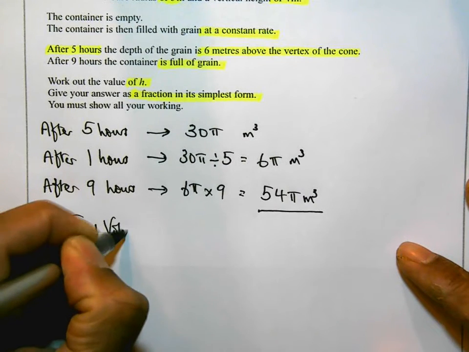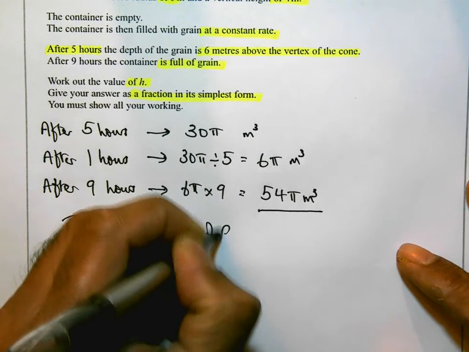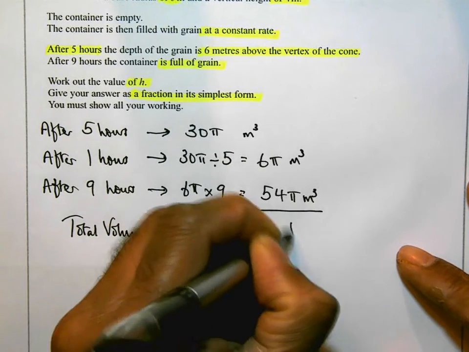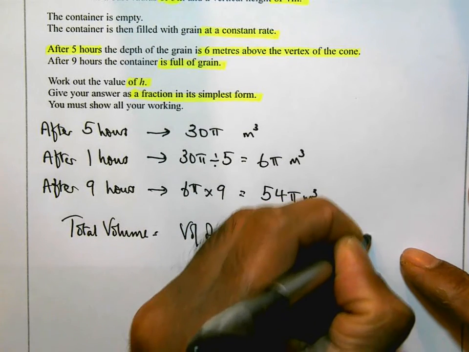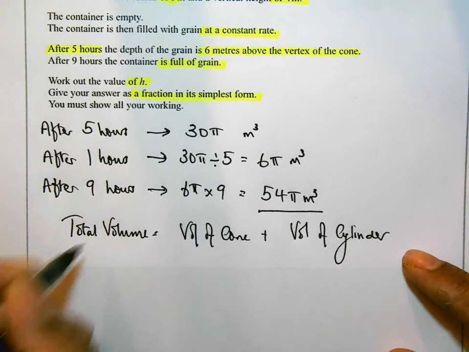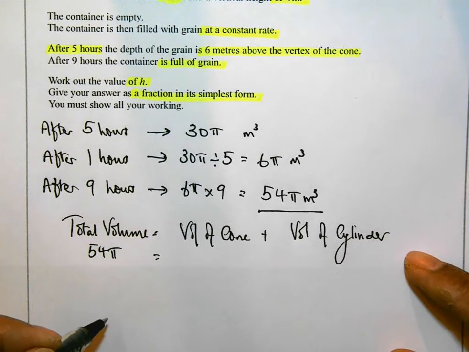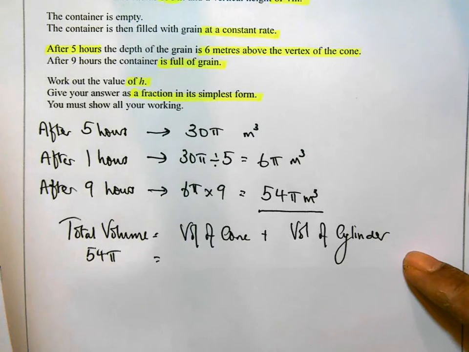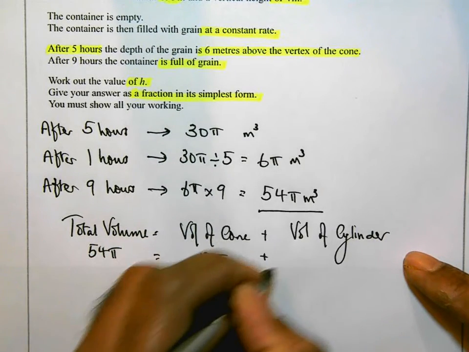So the total volume is the volume of the cone add the volume of the cylinder. Now I know the total volume is 54 pi. The volume of the cone we worked out earlier, and it was 12 pi.